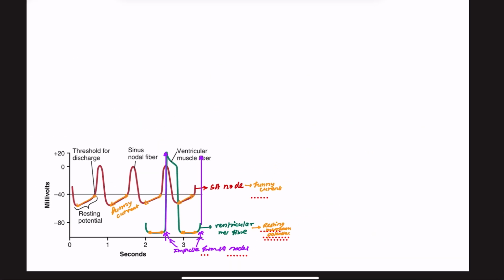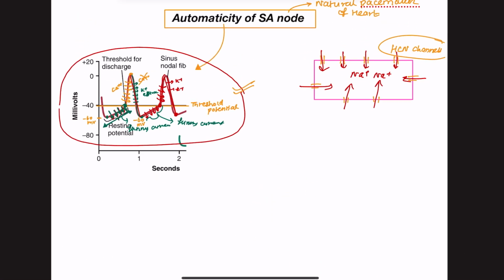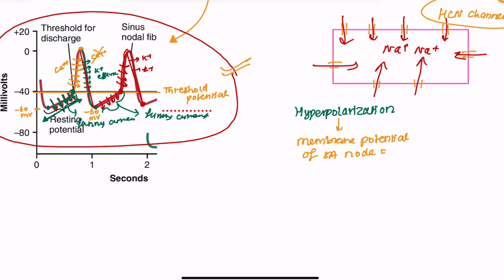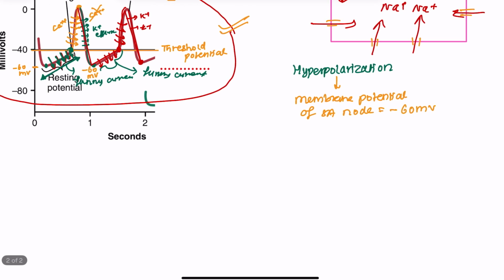Okay, let's summarize all these points step by step. First occurs hyperpolarization. When membrane potential of SA node reaches minus 60 millivolt, then HCN channels open.